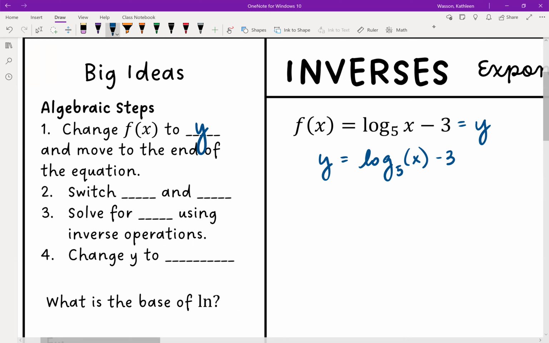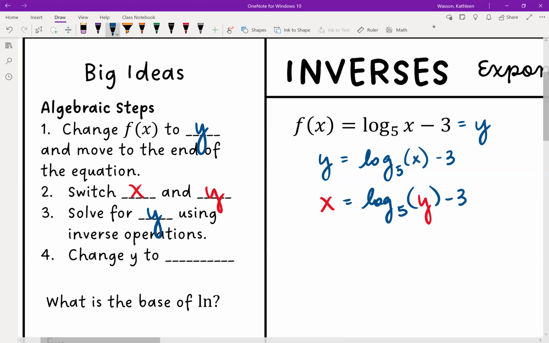And then we will switch x and y. So for this equation, I would write x here and y there, and then I'll write the rest of the equation around it. Then we solve for y. Now that I put y in the big old middle of my equation, let's figure out what y is.